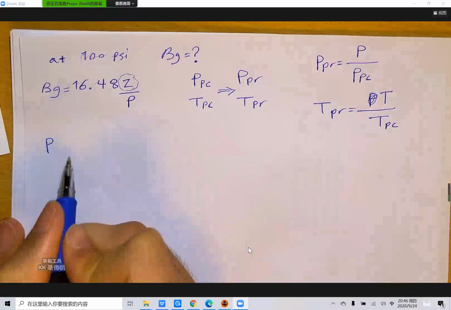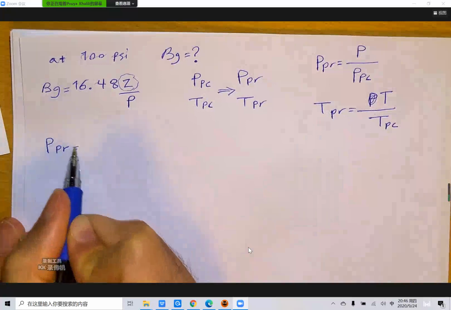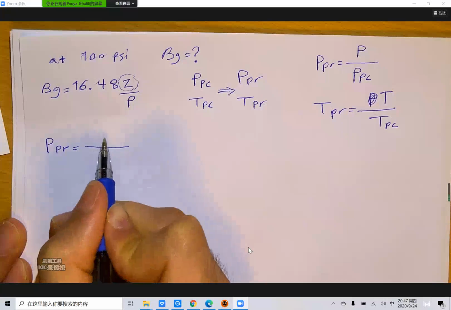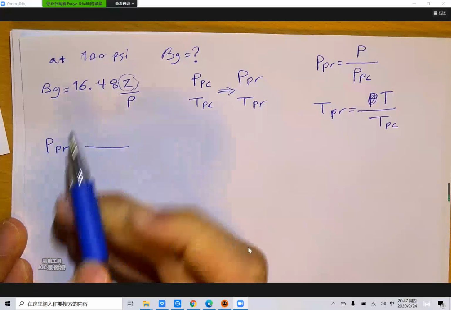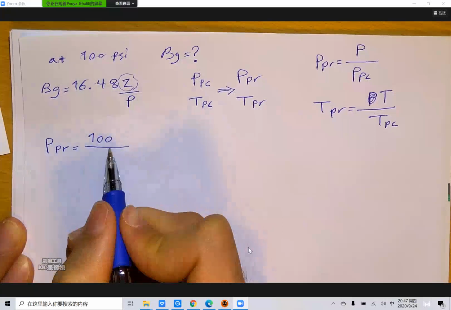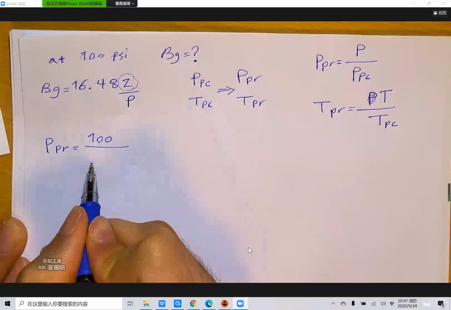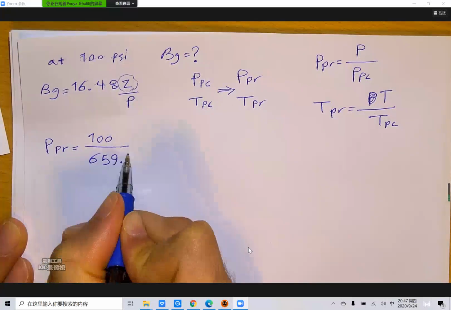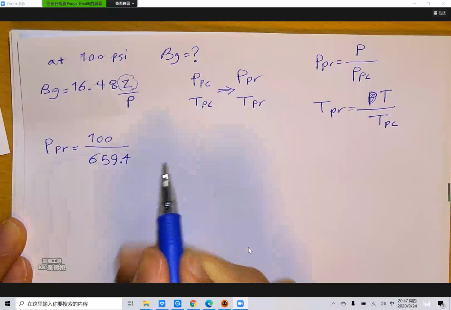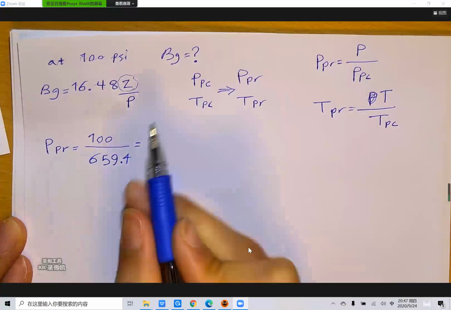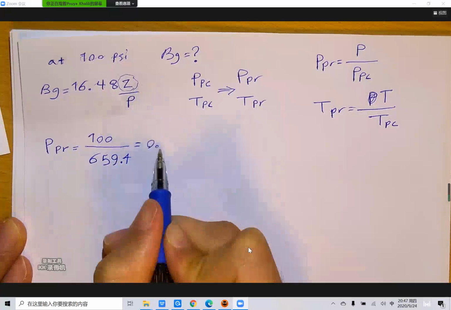The pseudo-reduced pressure at 100 psi: we also found the pseudo-critical pressure, which was 659.4, so it was 0.15.